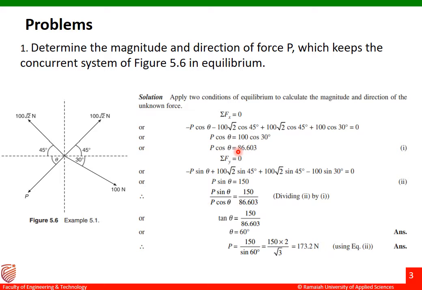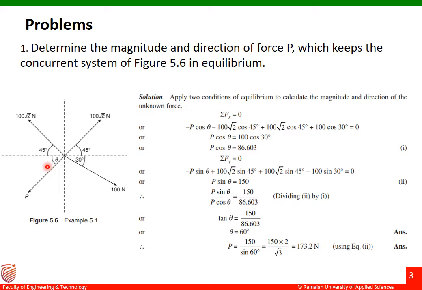Now let us go to the second equilibrium equation, that is summation Fy equal to 0. This is my second equilibrium equation. So let us write the y component of all these forces. Minus P sin theta plus 100 root 2 sin 45 plus 100 root 2 sin 45 and then minus 100 sin 30.